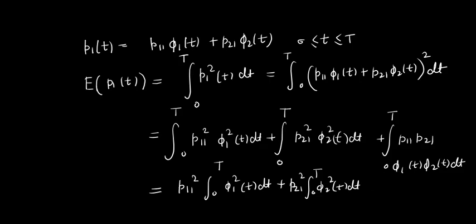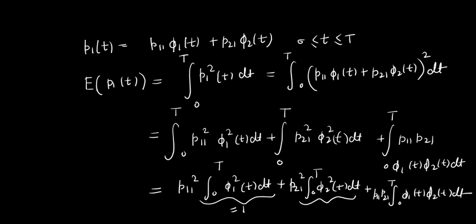So what would be the answer? What will this be? By the definition of orthonormal basis, it is 1. What will this be? 0. So this third term will be 0 and this is equal to P11 square plus P21 square.